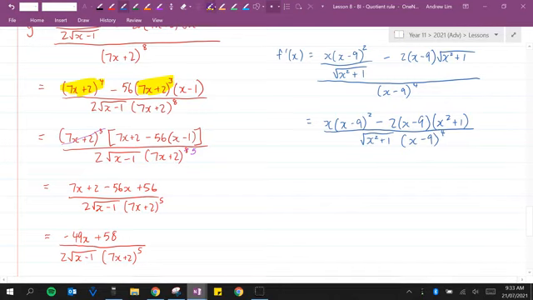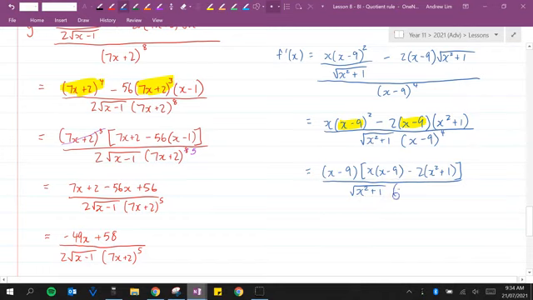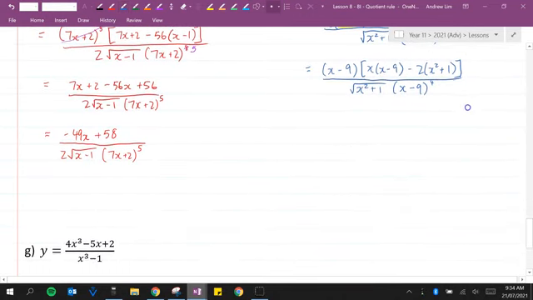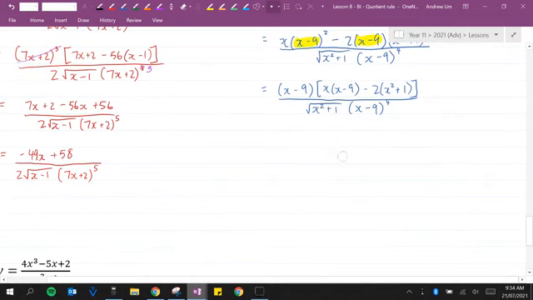I'm going to factorize out my x minus 9. That leaves me with x lots of x minus 9 in the first term, minus 2 lots of x squared plus 1 in the second term, all over root x squared plus 1 times x minus 9 to the power 4. I'll now expand.